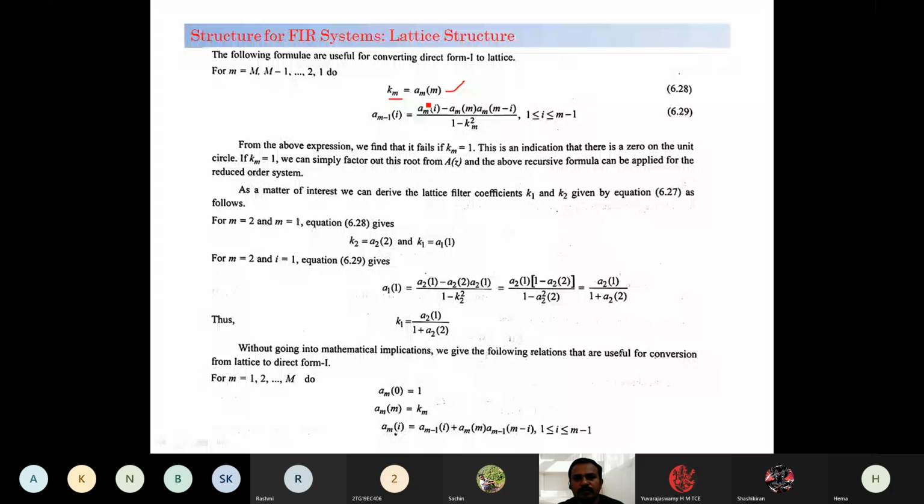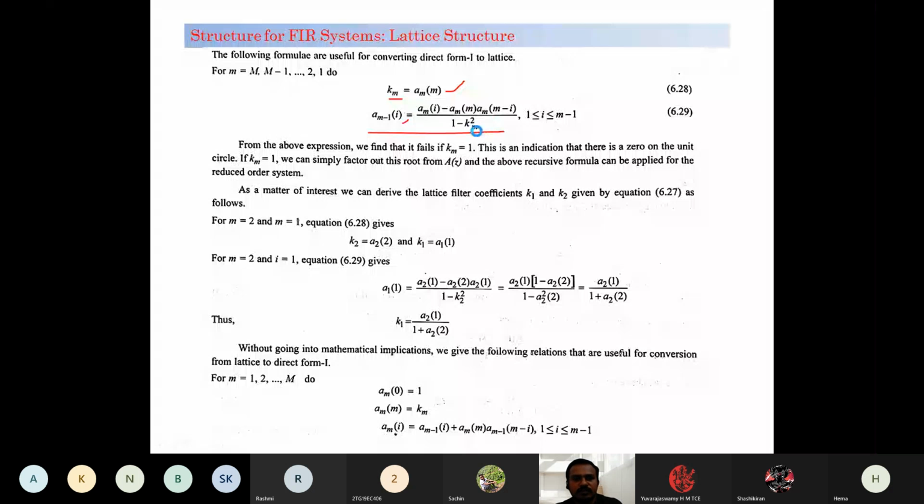For the coefficients of the original signal, a of m minus 1 of i is calculated by the standard formula: a m of i minus a m of m into a m of m minus i, divided by 1 minus k m squared.